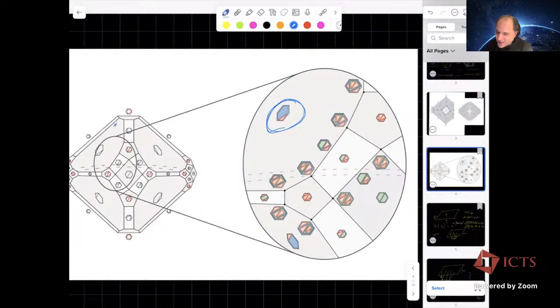This face of the cosmohedron is labeled by this partial triangulation with just that one chord, which I can think of as breaking the hexagon into a pentagon and a triangle. But this edge of the cosmohedron involves the nesting of these sets of subpolygons together until you get all the way down to the vertices of the cosmohedron, which are full sets of non-overlapping subpolygons put on top of each other.